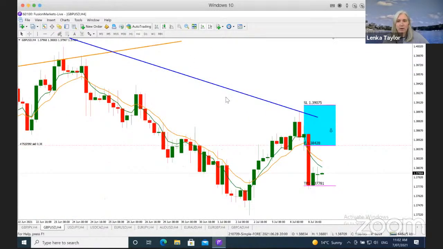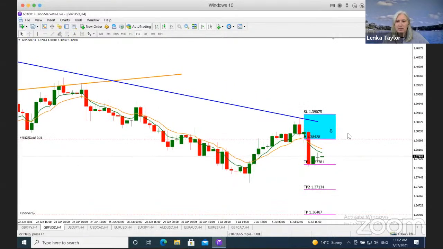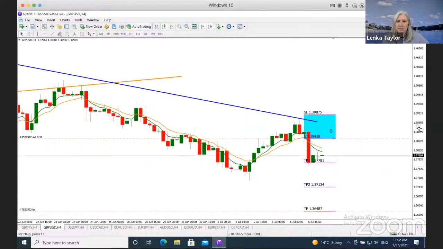On the 4-hourly, I'm always looking for a pullback, which we had, and yesterday entered that trade after the bearish engulfing there. So that's the entry and stop loss level. That trade also hit the first profit target already.